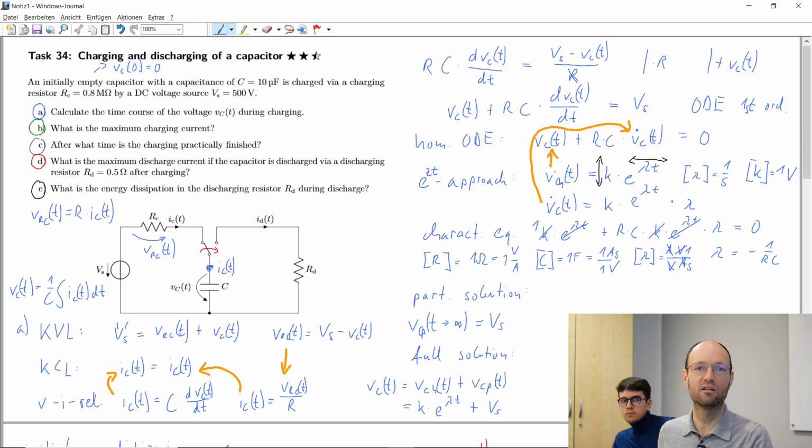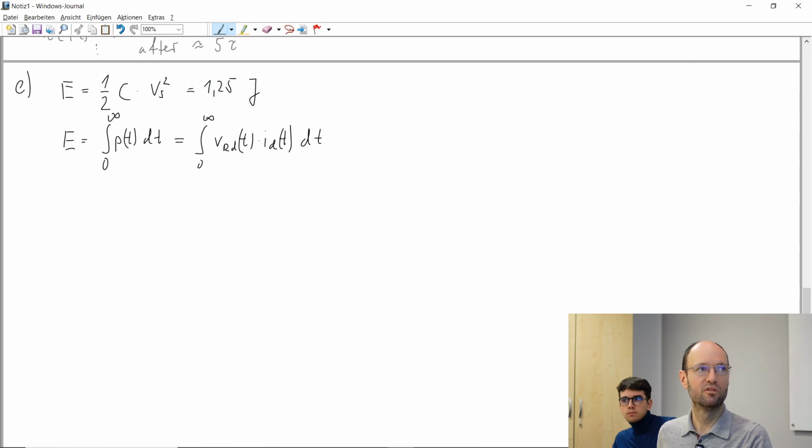So we could say that for the discharging, for example, the voltage drop across the capacitor during discharging should be something like this, that we start with our source voltage and then just have e to the power of minus t divided by the tau for the discharging. Just some exponential function that goes down. And so this should be the same voltage, for example, here.